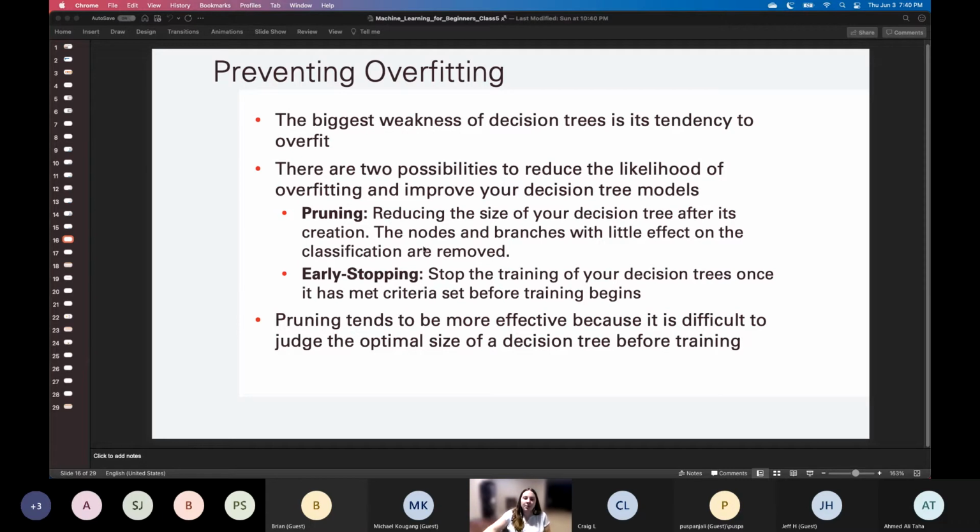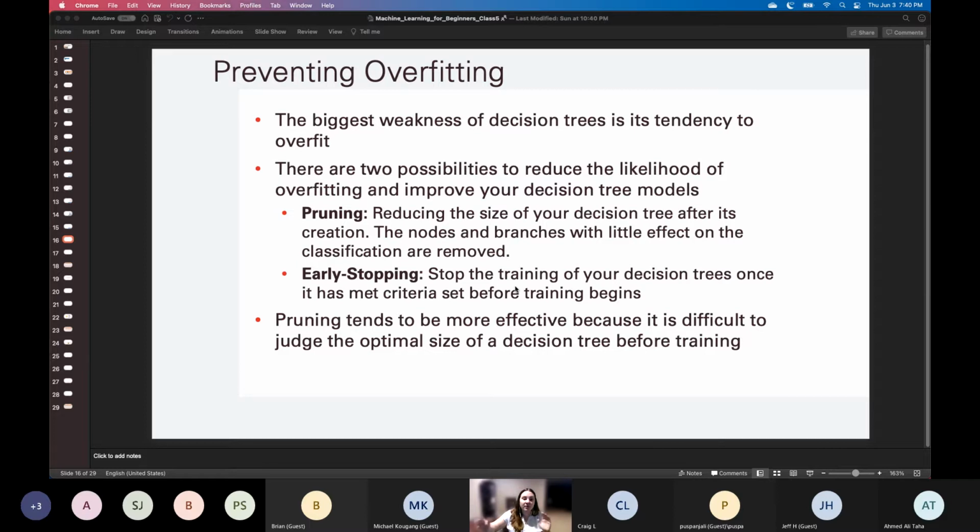The more common is early stopping, where you set a rule where you stop it at a certain point, and you have the model that you have at that point. There are a lot of different methods for early stopping, and those are the hyperparameters that you tune with these models. So I'm going to go over that in the next slide.